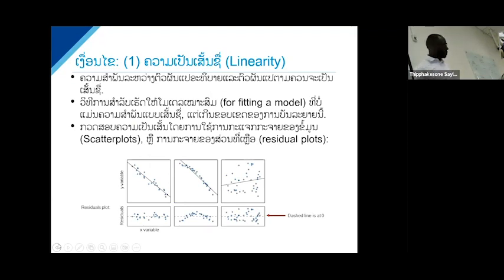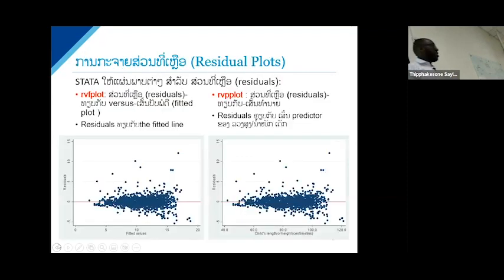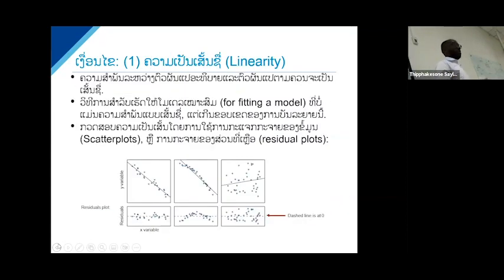Another way is that after you fit the linear regression, you can look at the residuals. Is there any trend in the residuals? You can plot the residuals against your covariate. If there is a linear relationship between y and x, then those residuals should not show any pattern.